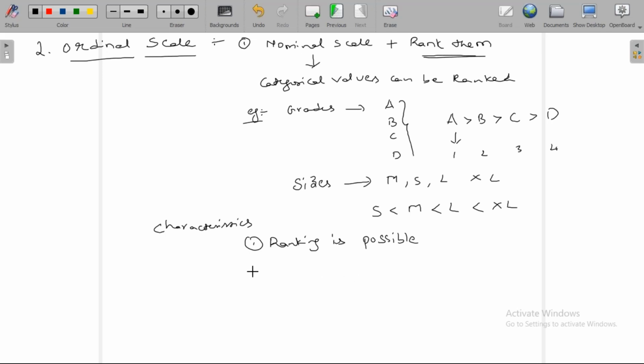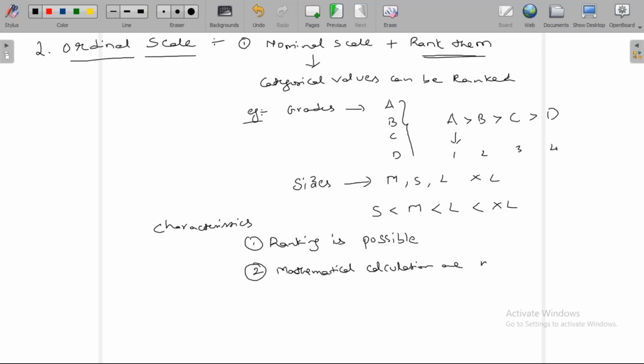And then we talk about interval scale. Interval scale has nominal and ordinal.